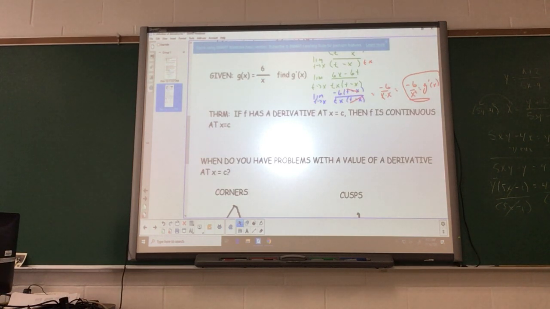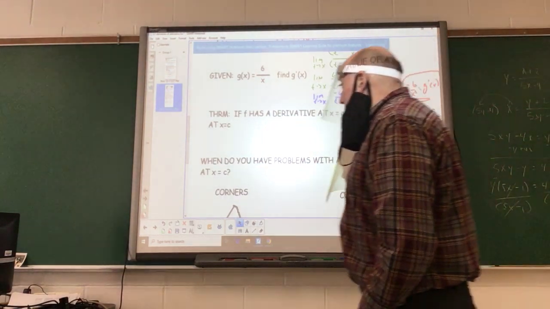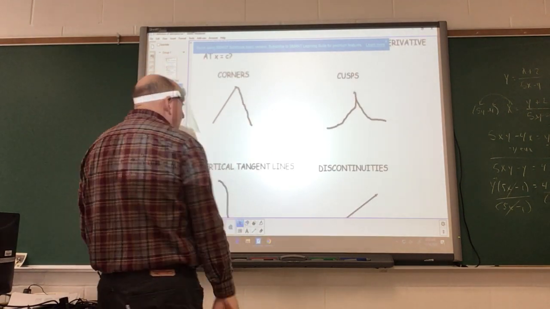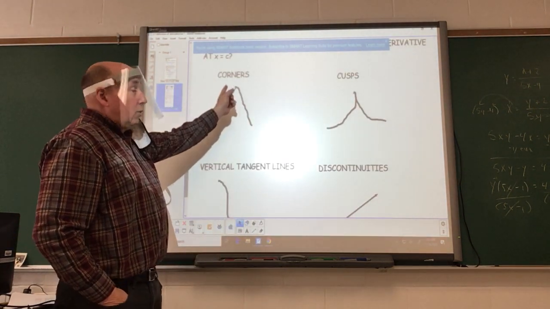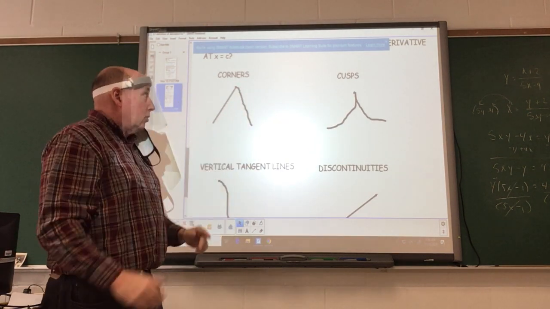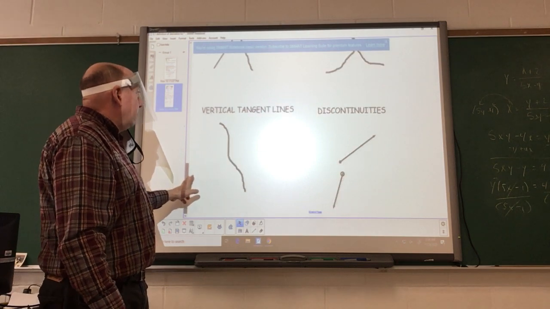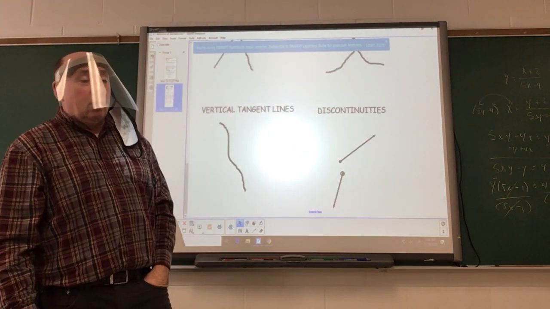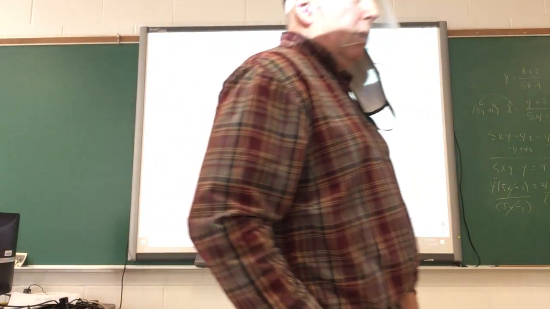You have no discontinuities, no vertical asymptotes, no open dots. Problems you run into with derivatives are when you have corners, cusps, vertical tangent lines, discontinuities. That's where you start running into problems with derivatives.